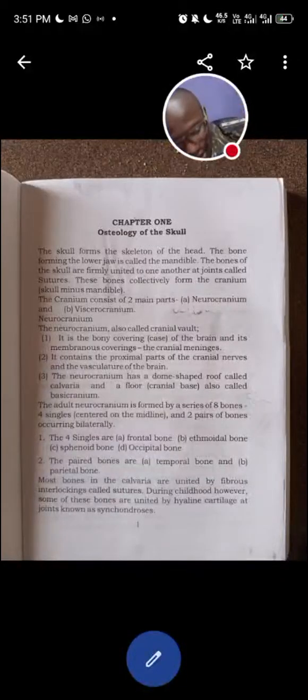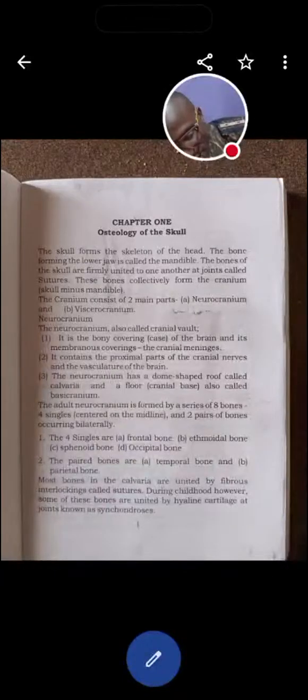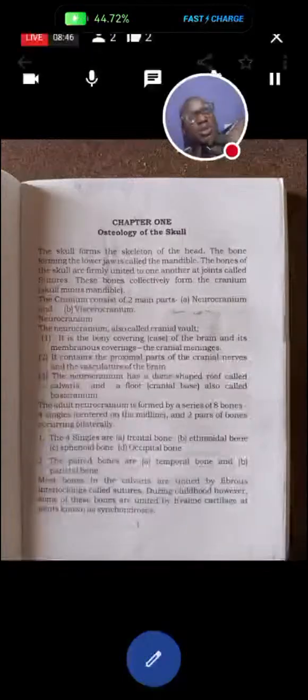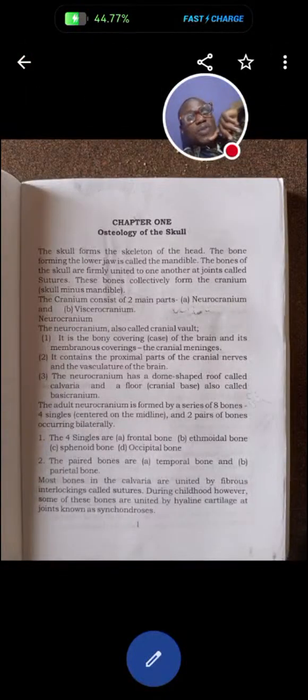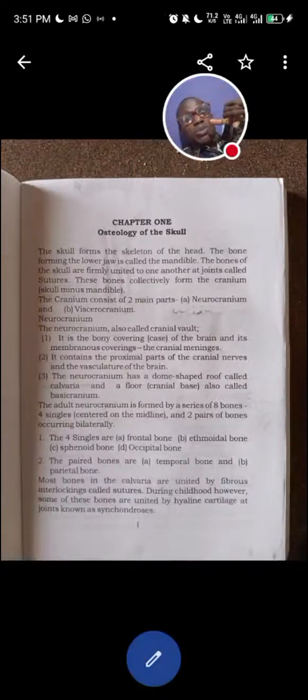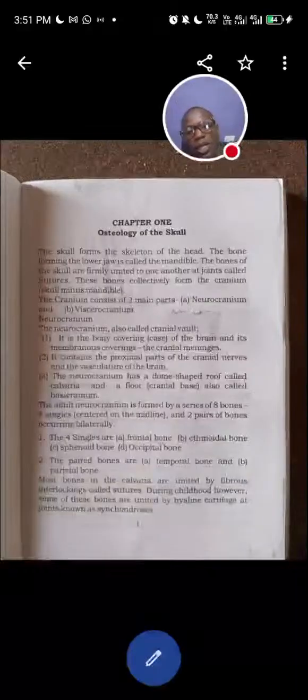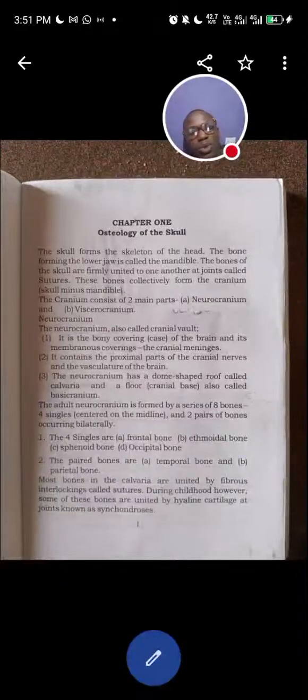In adults, it is made up of 8 bones, the first of which are 4 single bones.